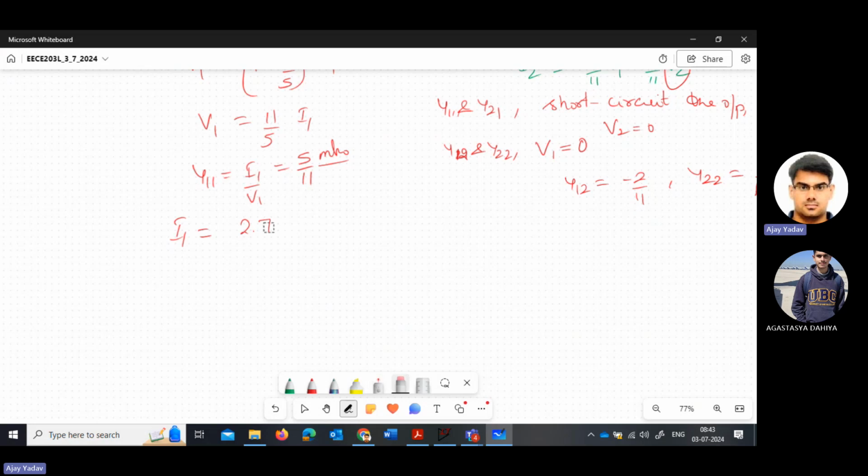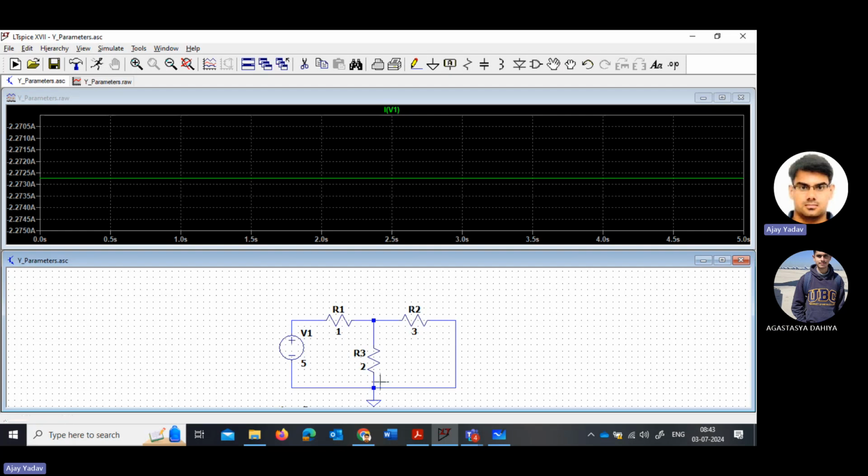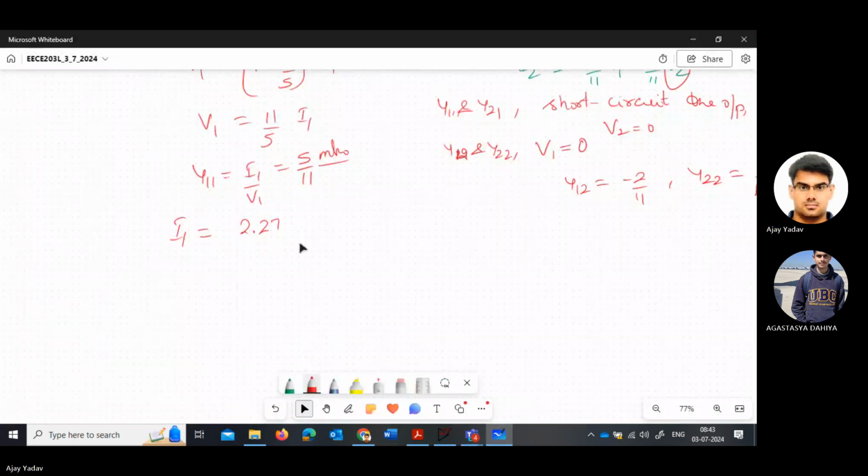So if you see here, 2.2725 plus 2.2730 divided by 2.